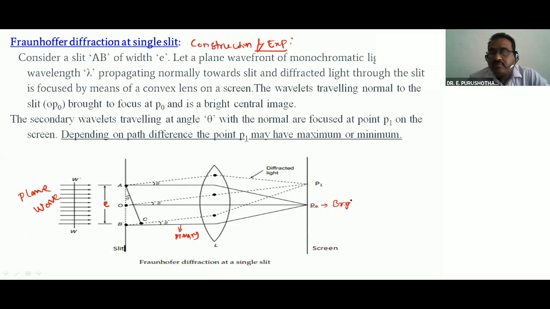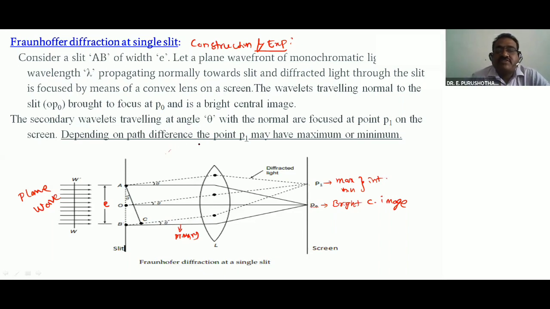This is called the bright central image. According to Fresnel-Huygens, every primary wave front produces a secondary wave. So the secondary wave with angle theta also falls on the convex lens and is focused on the screen at point P1. At point P1, the maximum and minimum intensity values can be calculated.